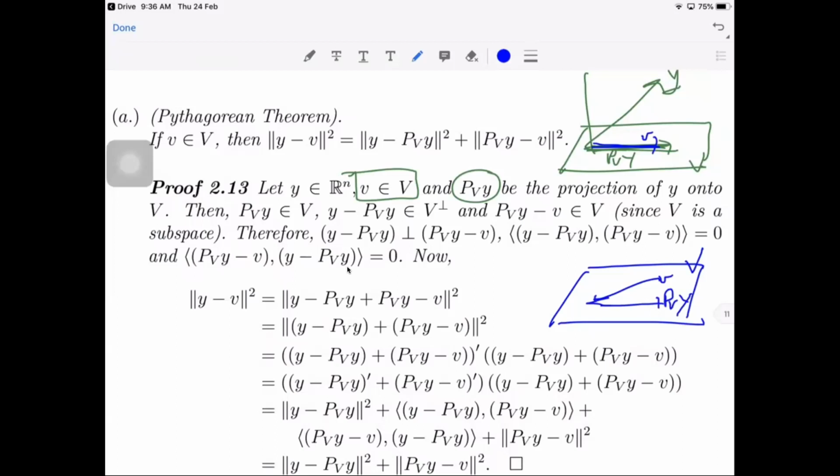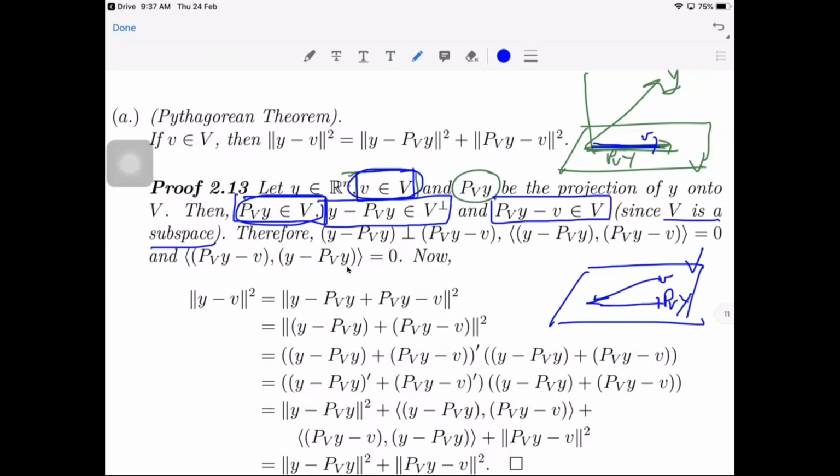Okay. So by definitions of projection, this projection is in V, then y minus b is in B perp. That is just using the definition of projection. And another is, since V is a subspace, you can have a linear combination of the vectors in V. So you have this V in V and this projection of y onto V to be another vector in V. And you can always have a linear combination of that.